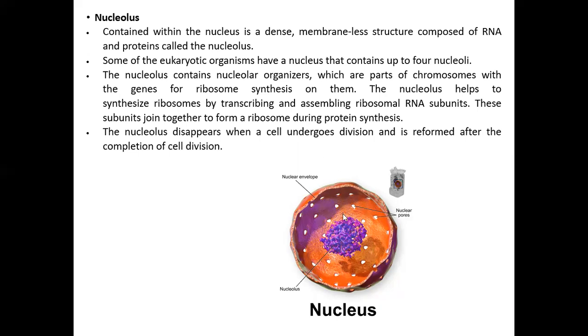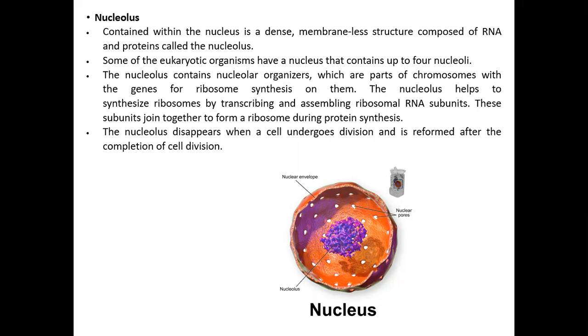The nucleolus contains the nuclear organizers, which are parts of chromosomes with the genes for ribosome synthesis on them. The nucleolus helps to synthesize ribosomes mainly by transcribing and assembling ribosomal RNA subunits.